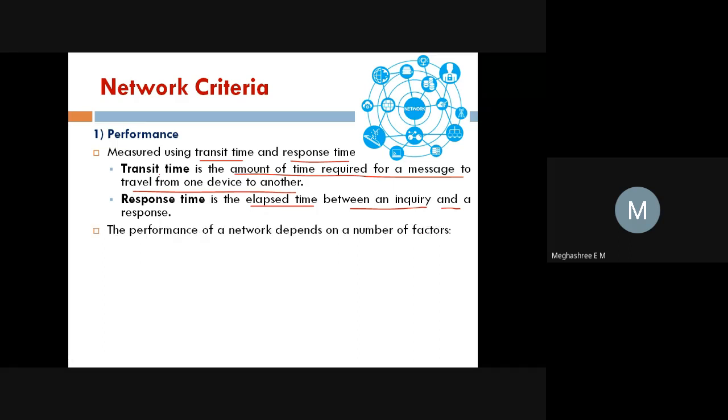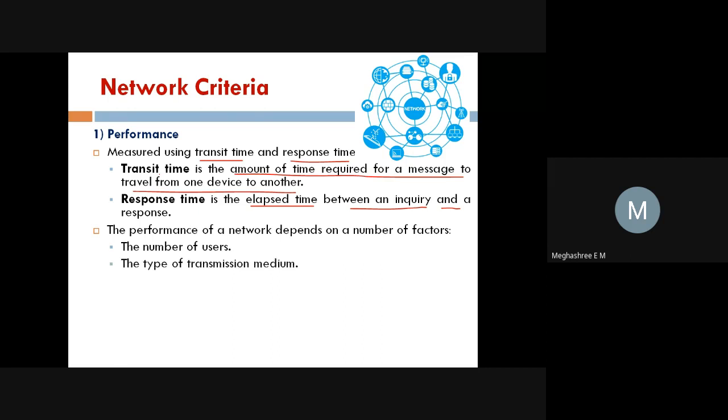And the second thing you must understand with respect to the performance is, the first one is the number of users. Whatever network you choose, the count of users that it supports matters a lot. The next one is the type of transmission medium.